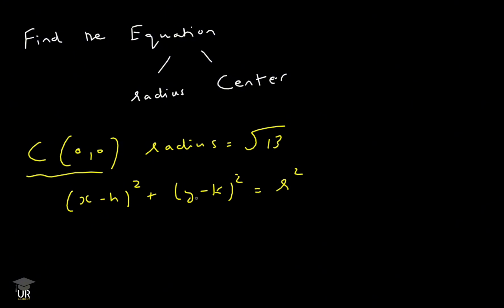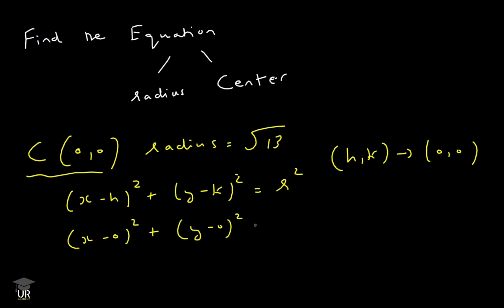So h और k की जो वैल्यू है, h and k actually is 0, 0. So x minus 0 whole square plus y minus 0 whole square is equal to, the value of r is under root 13.